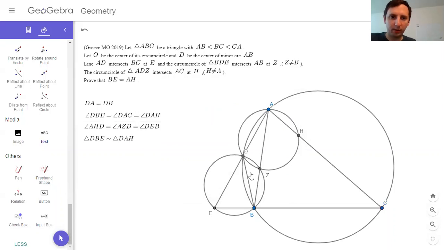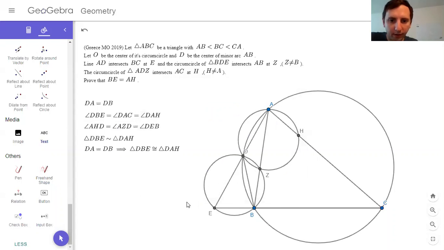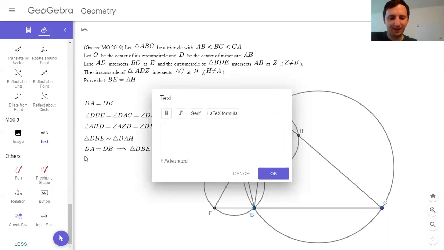And so DA equals DB means that they're congruent. And so BE is equal to AH. This is a nice, easy one. Helps us build confidence.